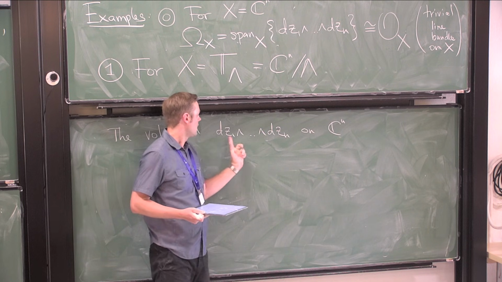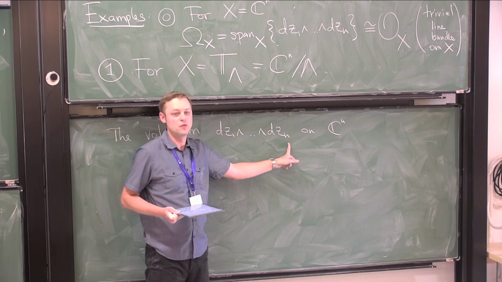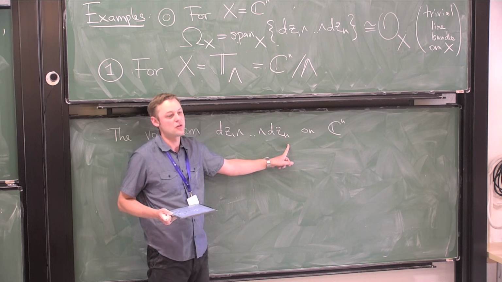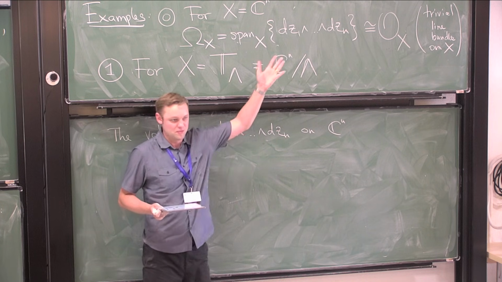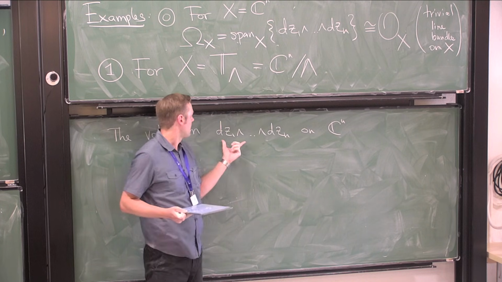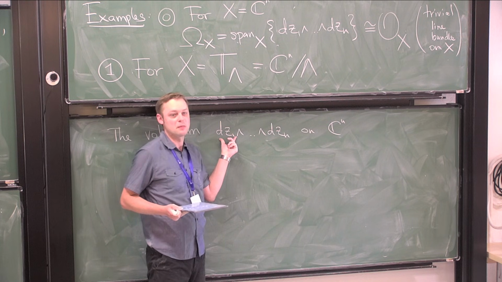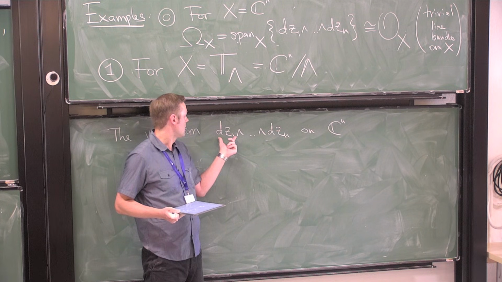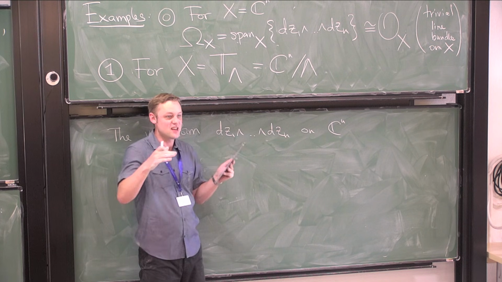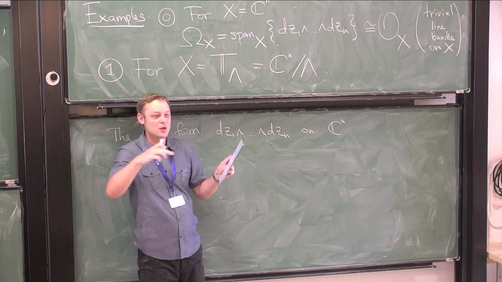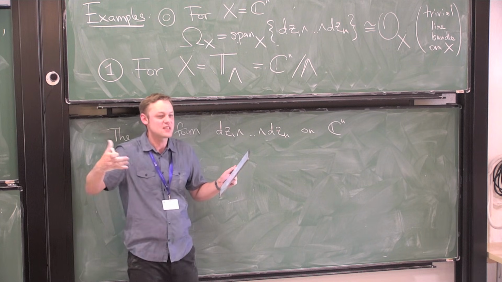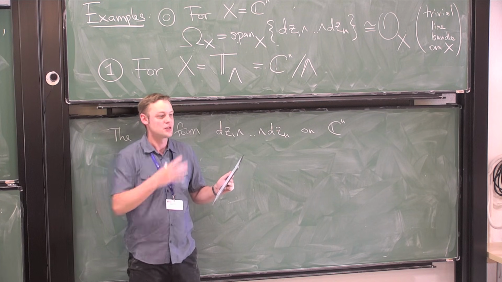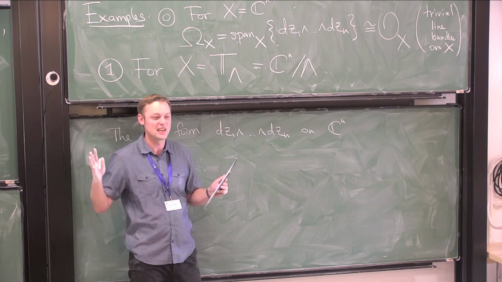So if I look at this volume form at some point z, and then I look at the value of this volume form at some z plus lambda 1, the differential element dz1 would become d of z1 plus lambda 1. But lambda 1 is just a discrete constant, it's not a continuous variable. So differentiation of it will just kill it.